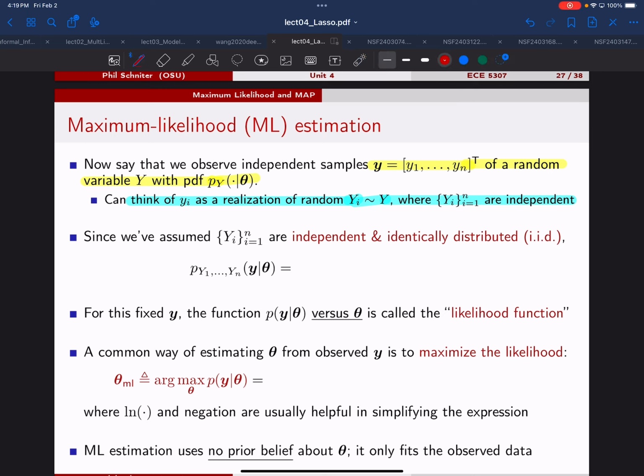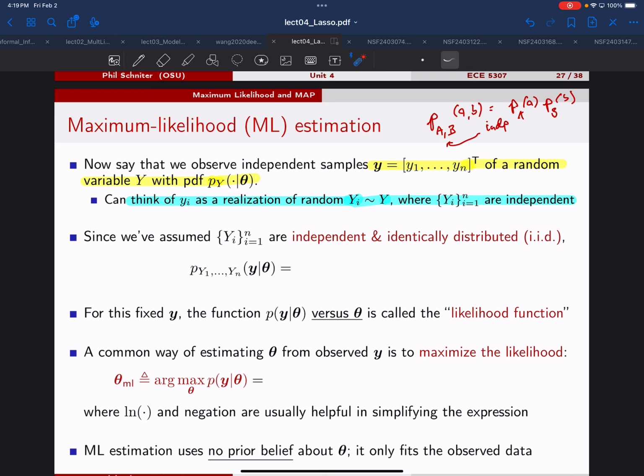And so what's the first thing that I can do? If I have two statistically independent random variables, what happens to their joint PDF? How can I write it? So let's say that I have, that's right, independent capital A and B. If they're independent, then I have the probability density of A times the probability density of B. I can write that if they're independent and only if they're independent. So in this case, I actually have n different random variables. They're all independent.